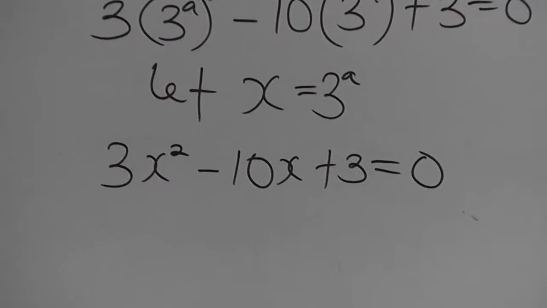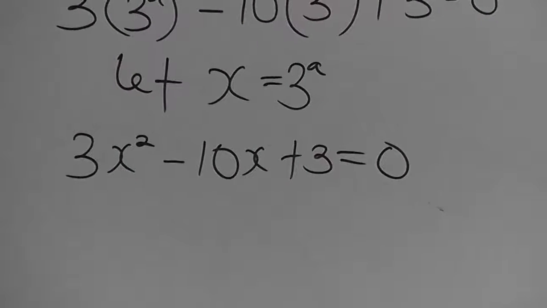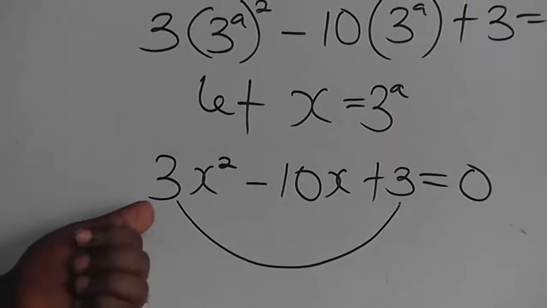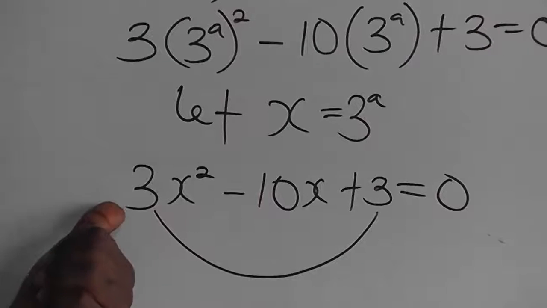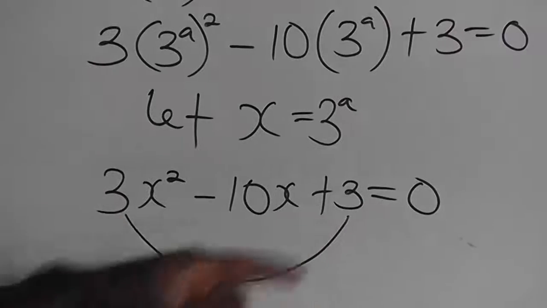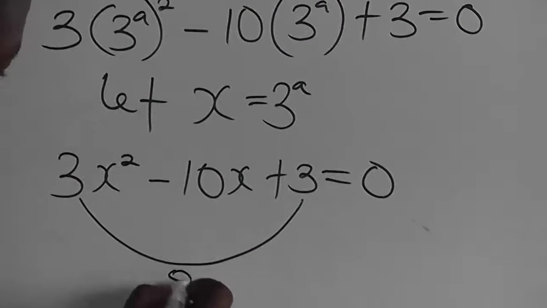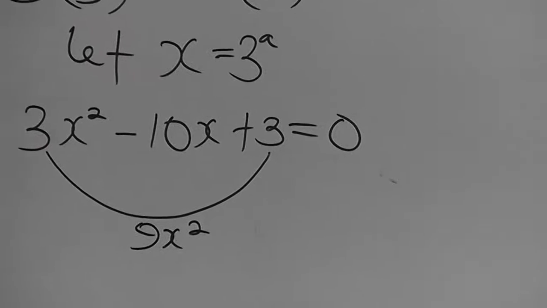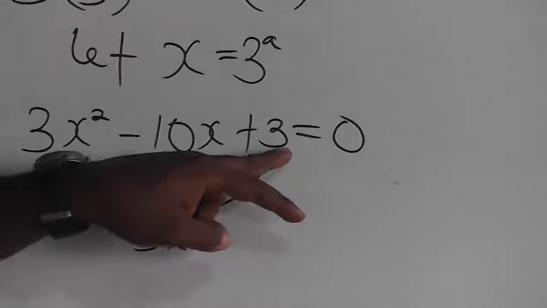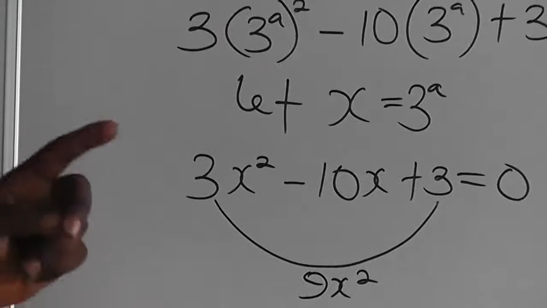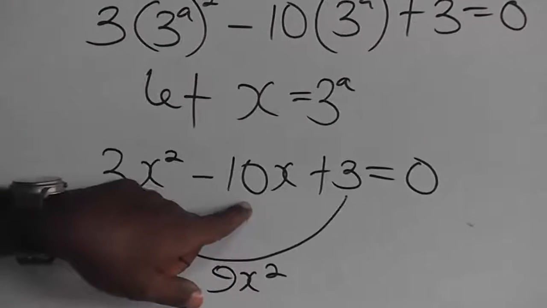So we factorize this. This is actually easy to factorize. Now, in factorizing, this is a quadratic equation with a first degree coefficient. So you multiply the first degree coefficient by 3. That will give you 9x squared. So indirectly what you're looking for is two numbers whose product will give you 9, not 3, and whose sum or subtraction will give you 10.